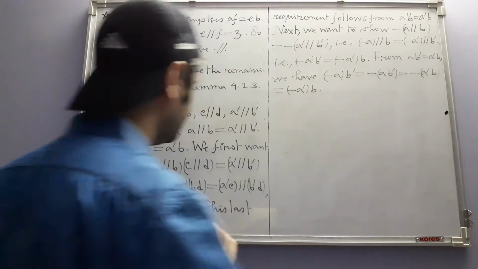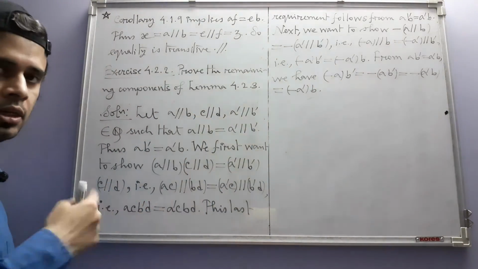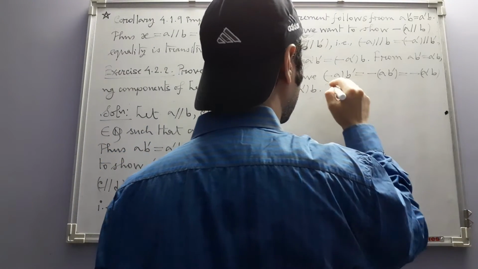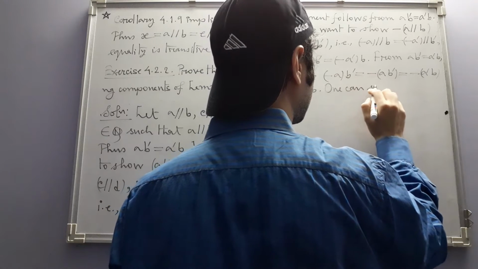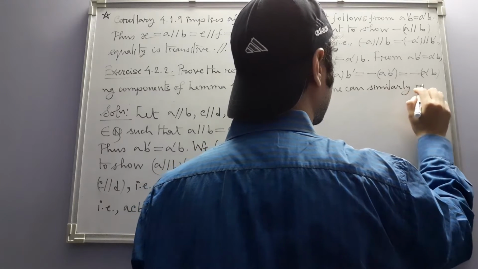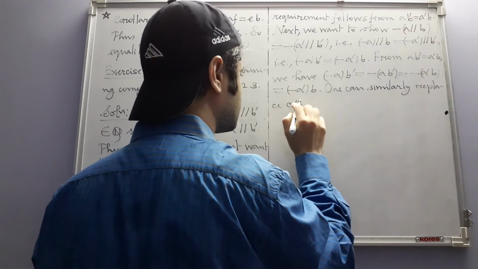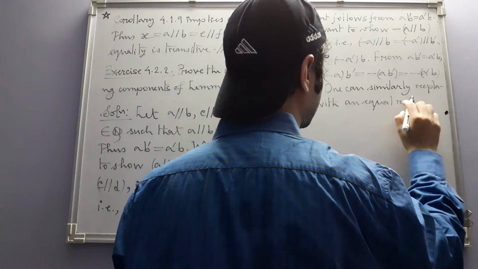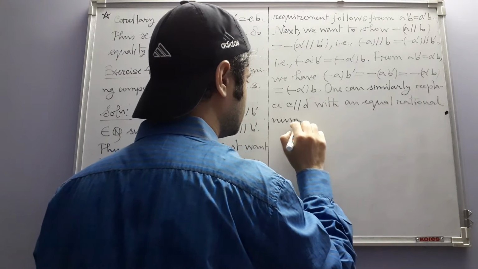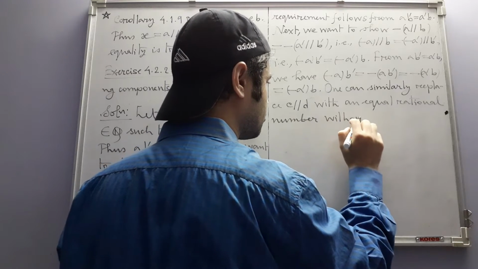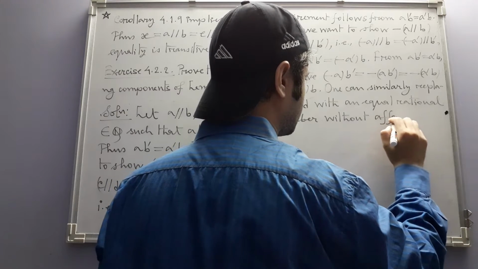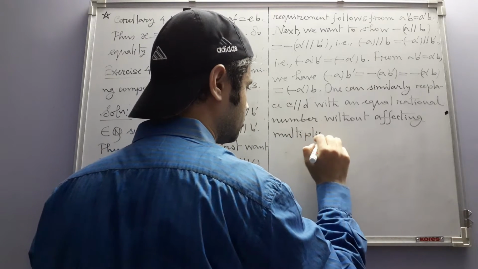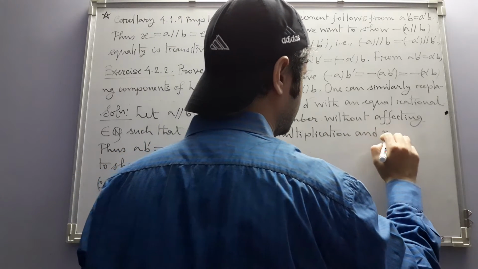And similarly, if one replaces this C by D with an equal rational number, one can similarly show that the calculations are not affected, without affecting multiplication and negation.